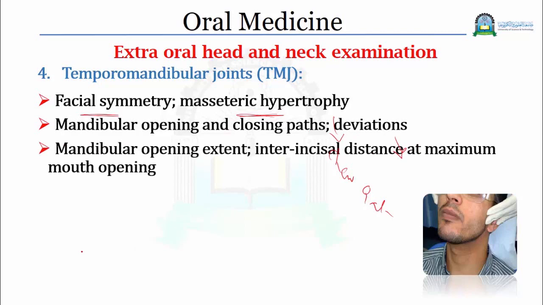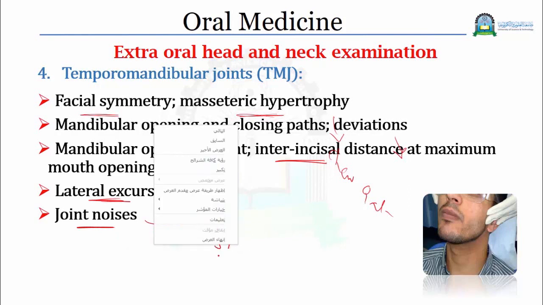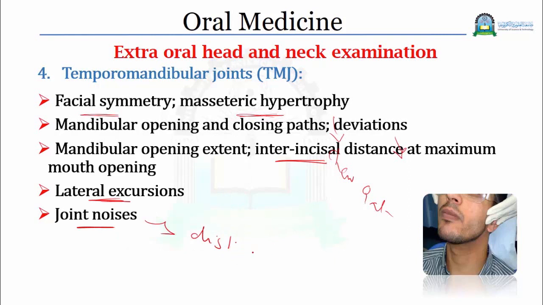Mandibular opening extent: check if there is a normal interincisal distance at maximum mouth opening. If there is no normal interincisal distance, the patient might be suffering from trismus. Lateral excursions and joint noises may be due to disc disorders, or may be due to degenerative diseases of the TMJ.